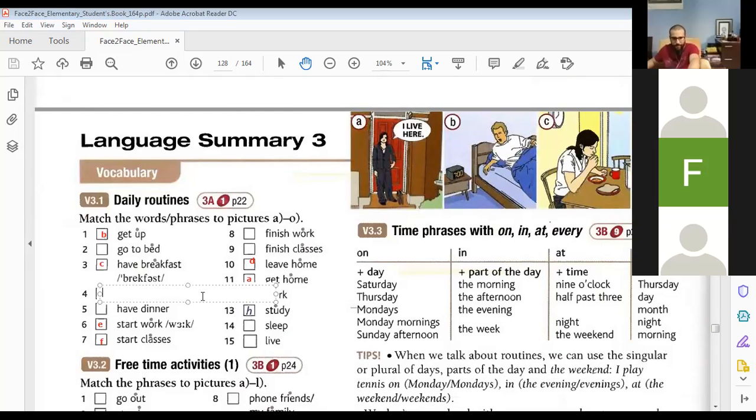Sorry, picture A, live. Live, not get home. Why? Live. Because I live here. Okay, but leave and live are not the same. Do you get the idea?